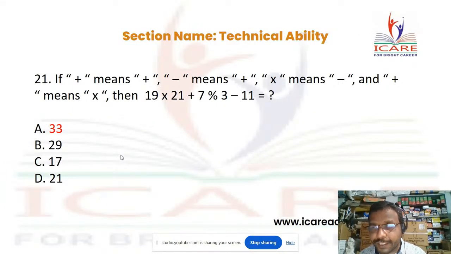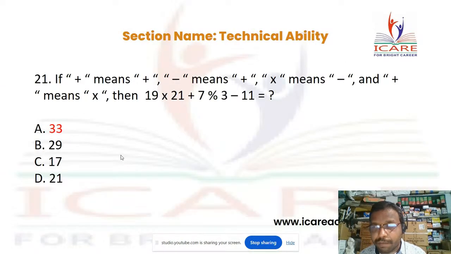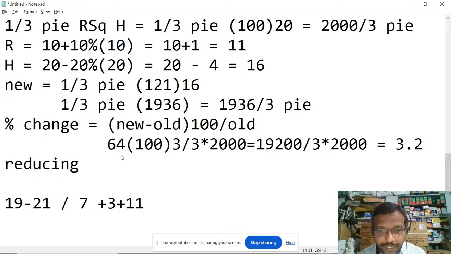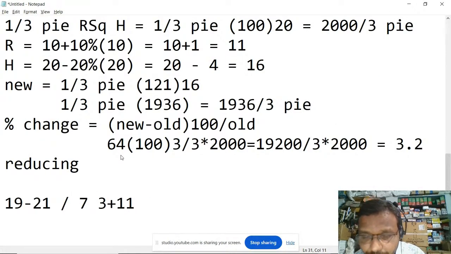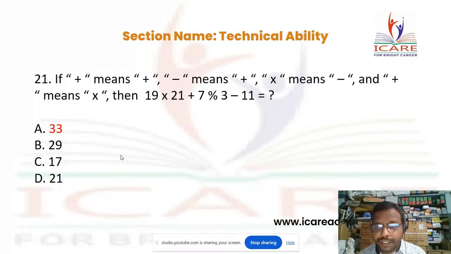Okay. Into means minus. Divided by means into. Last one. Minus means plus.